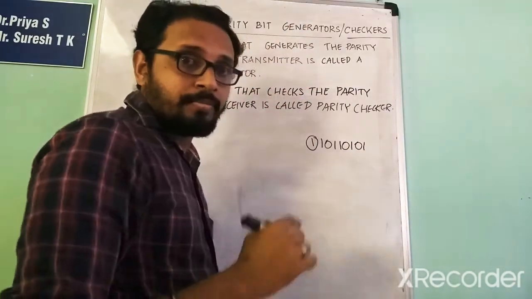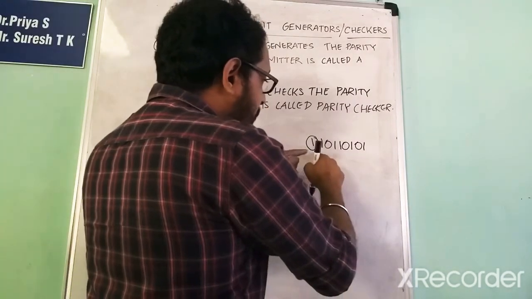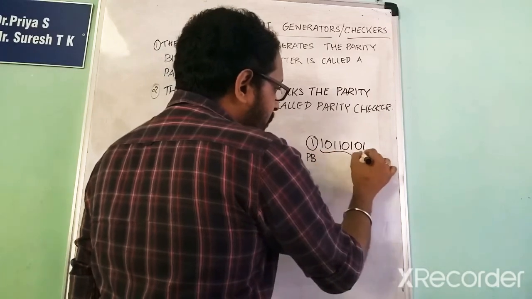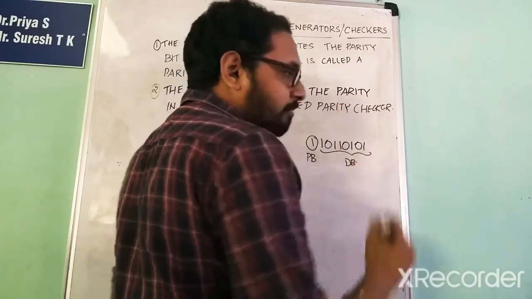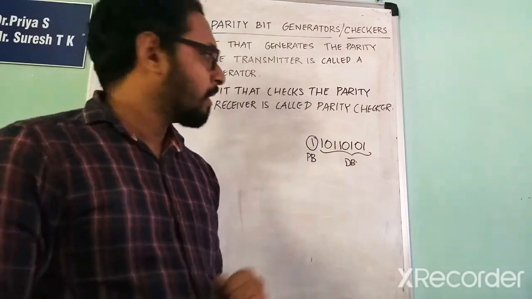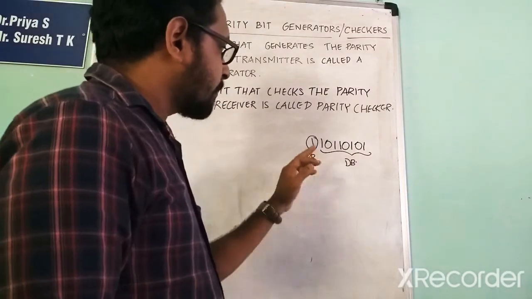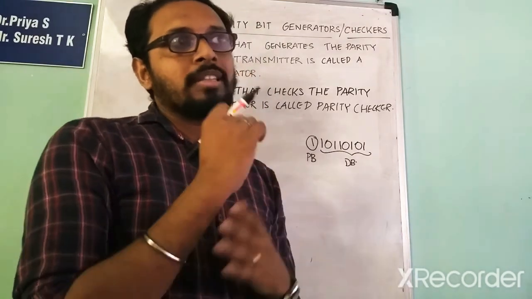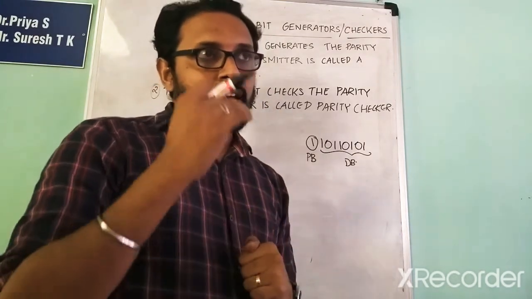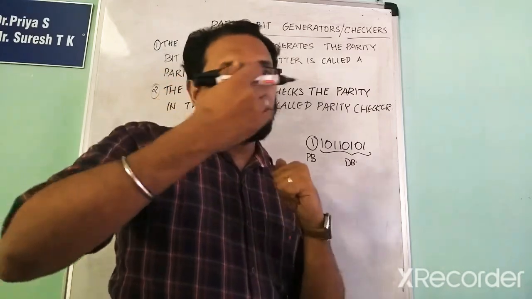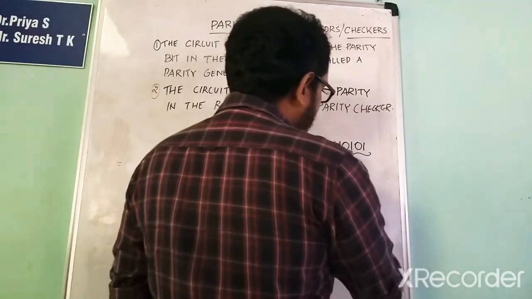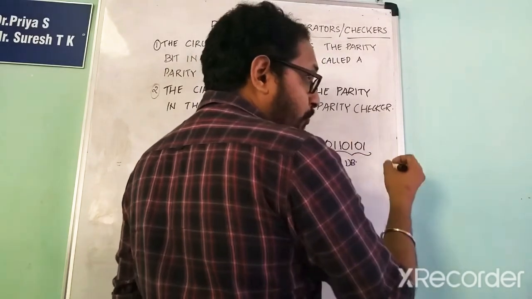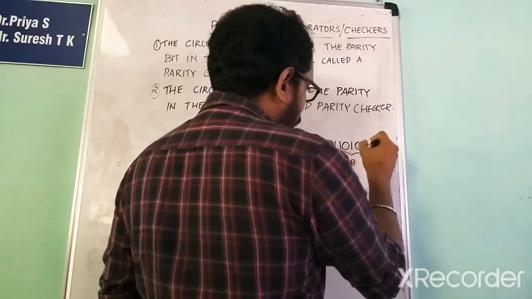When this parity bit is added at the beginning, this is the parity bit, and these are the data bits. So the theory is, when we send data, say this 8-bit data, we count the number of ones: 1 2 3 4 5.